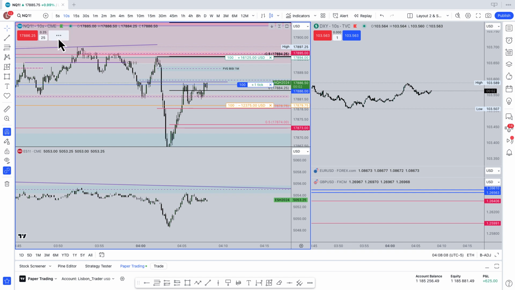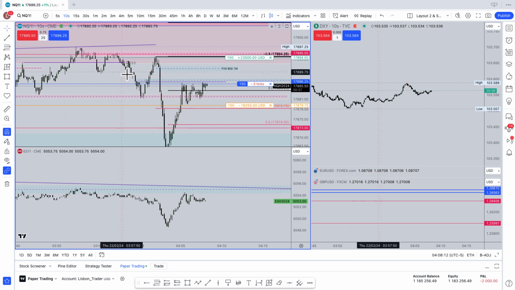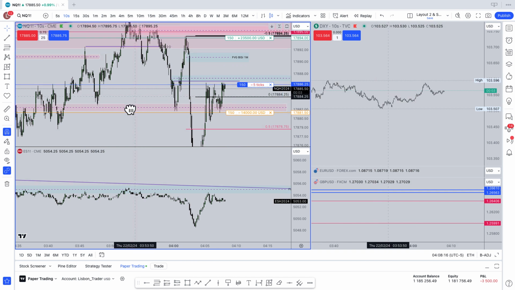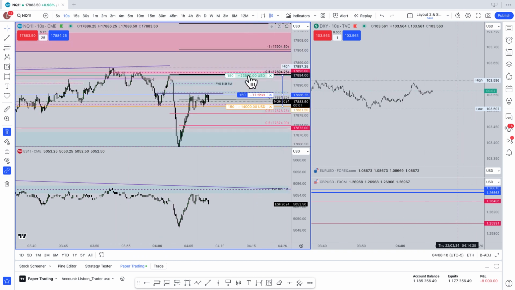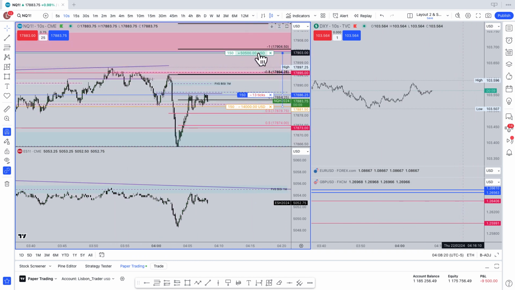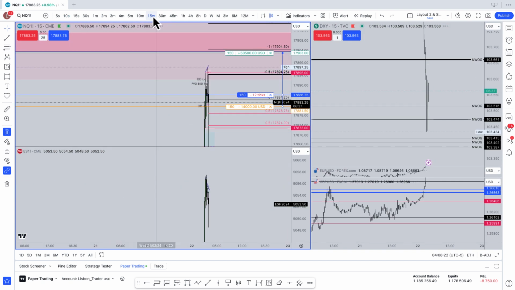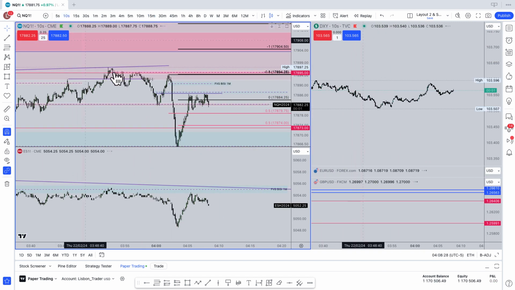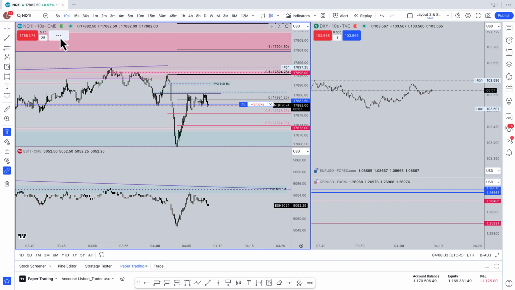So 15,000 in drawdown, risking 15,000, and want to see price hold this level and keep on pushing higher unless stopped out. So 30k drawdown again.